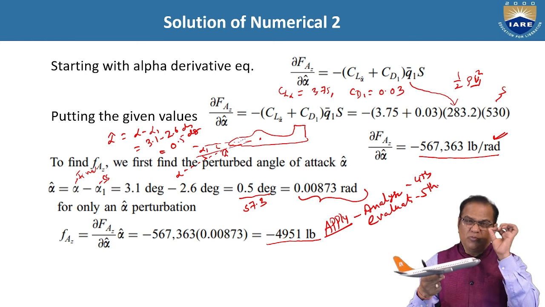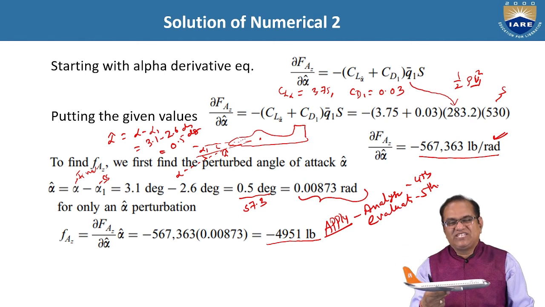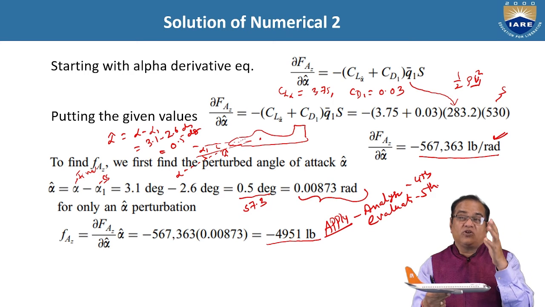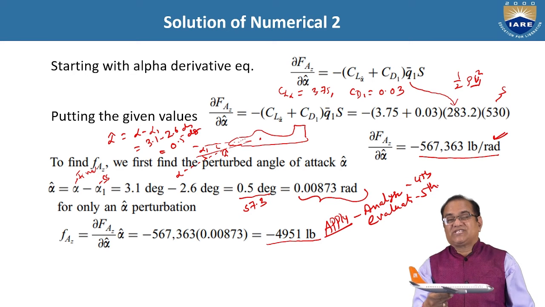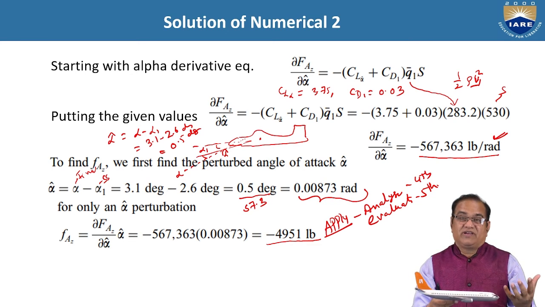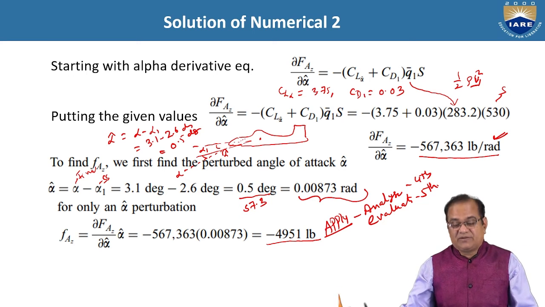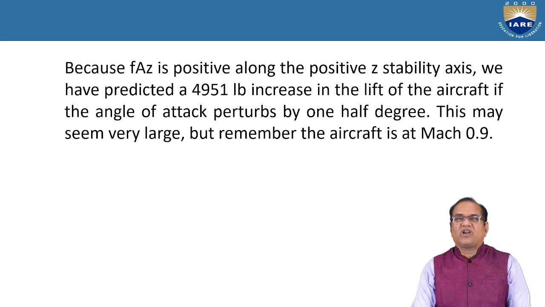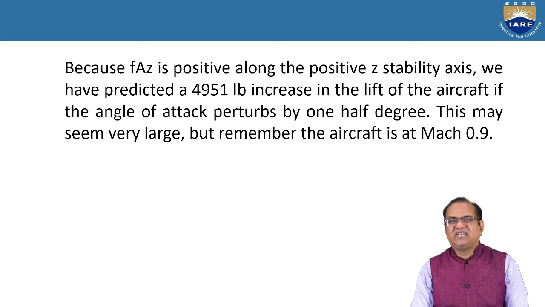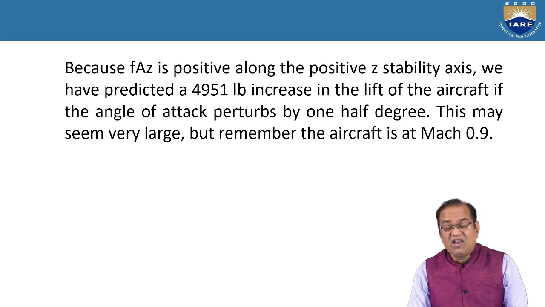So by 0.5 degree angle of attack change, you are getting 4,951 pounds of force upward, the lift, because Fz is positive along the positive Z stability axis. We have predicted a 4,951 pounds increase in the lift of the aircraft if the angle of attack is perturbed by 1/2 degree. This may seem very large.